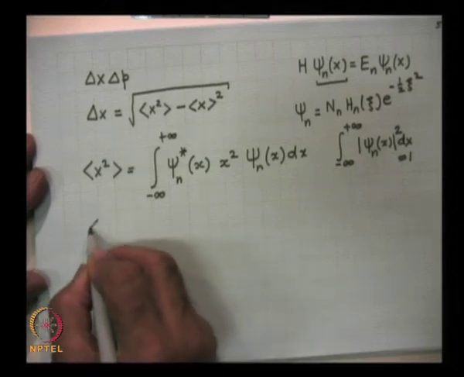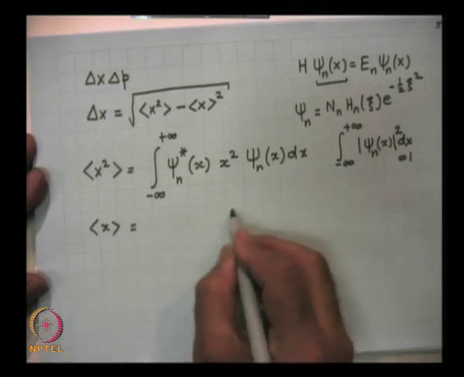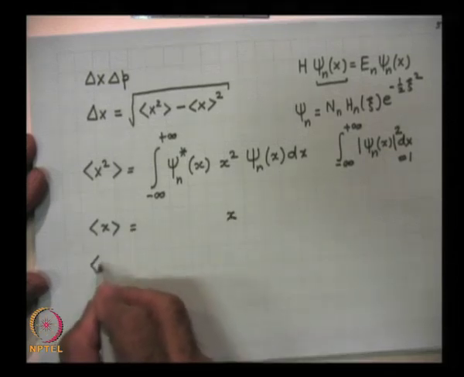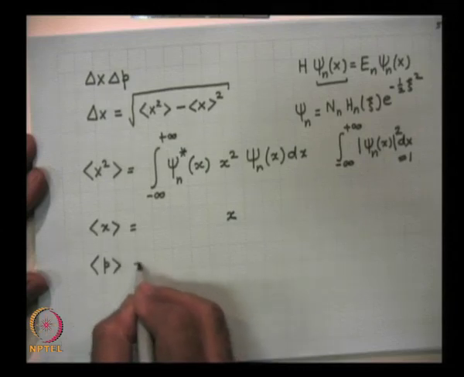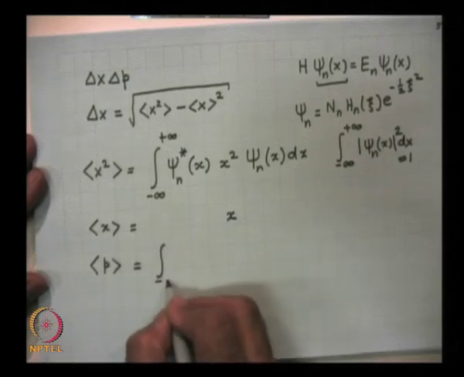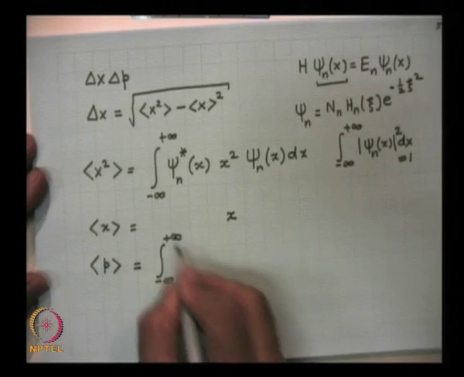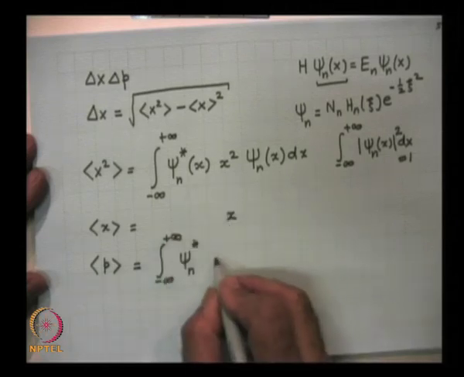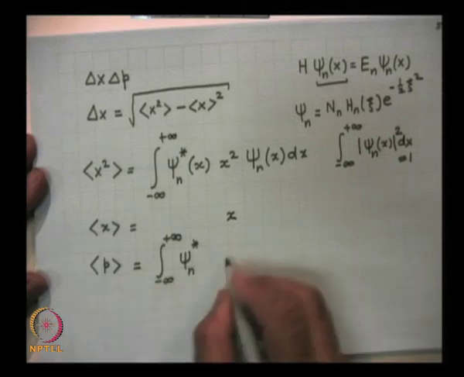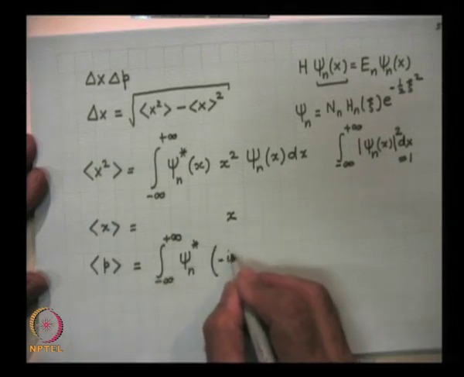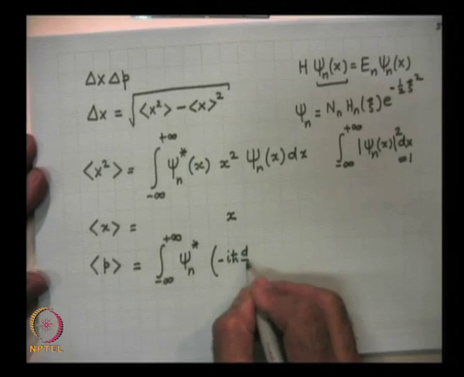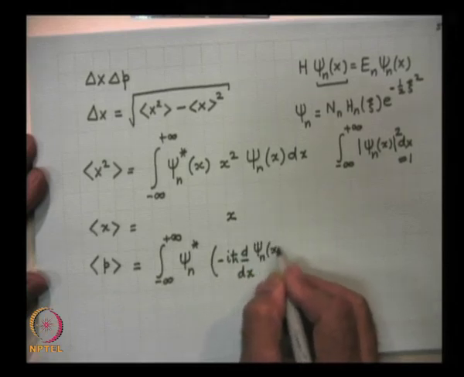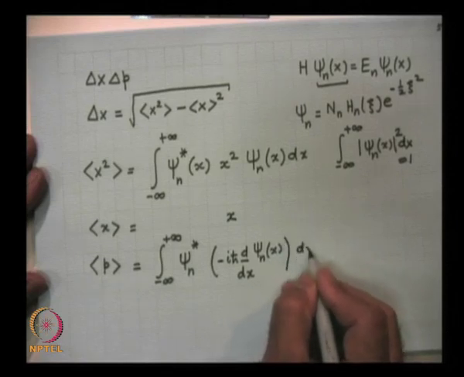Similarly, x will be just the same quantity, but x square replaced by x, and as we had discussed, the p will be the integral from minus infinity to plus infinity of psi n star, and then I must use the differential representation, so minus i h cross d dx of psi n of x dx.